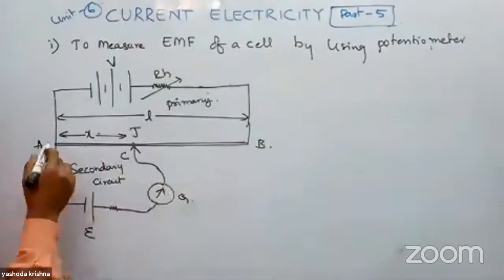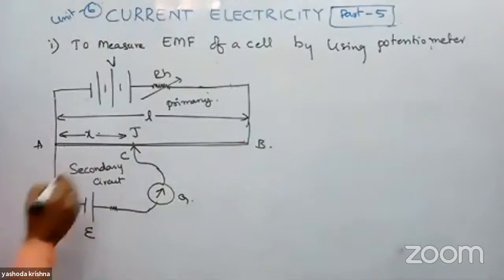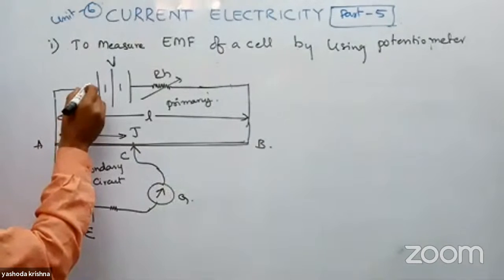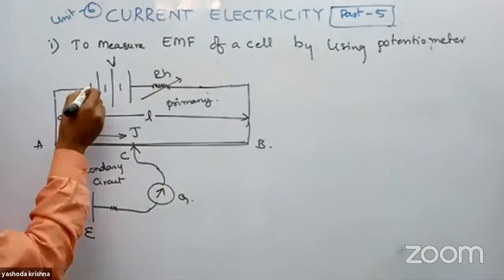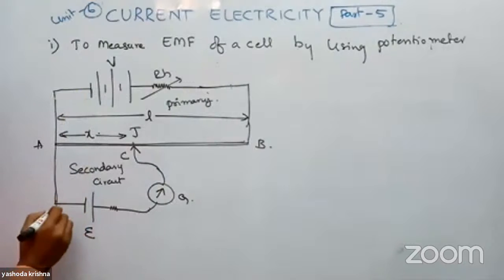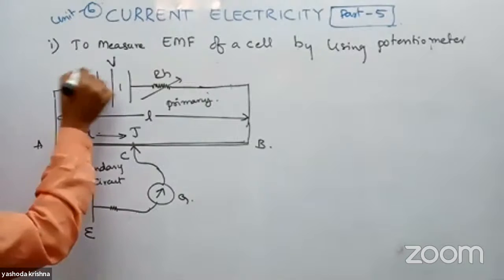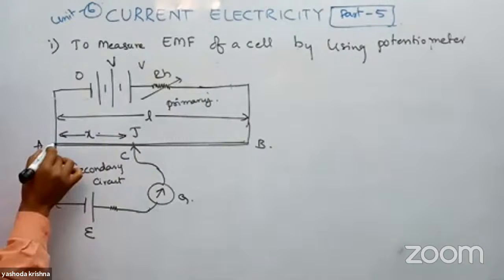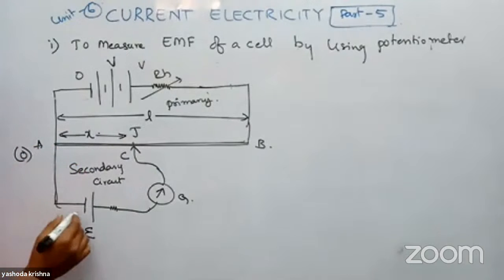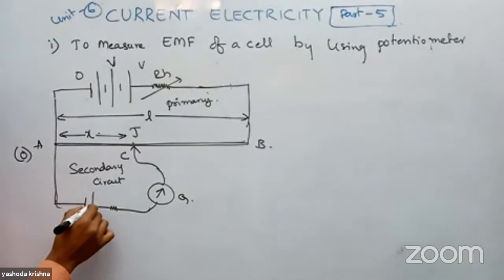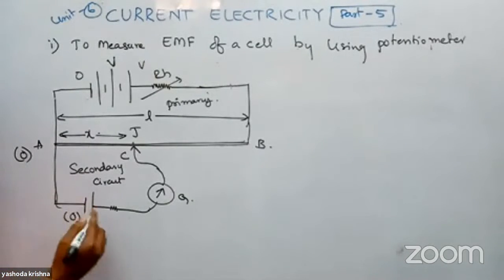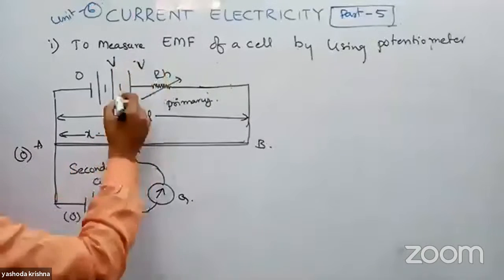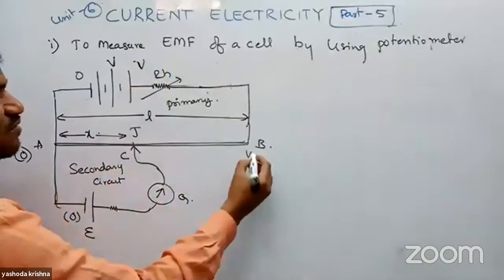For distance X, the negative terminal is connected to the negative terminal of the battery. If this is 0 volt, A has 0 volt, and this one also has 0 volt. For this end of the battery, V is there, here also V, here also V.